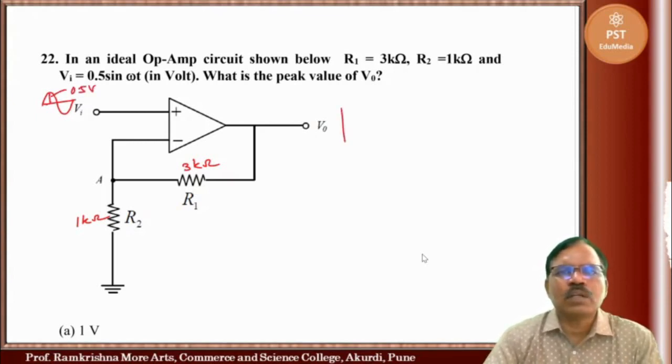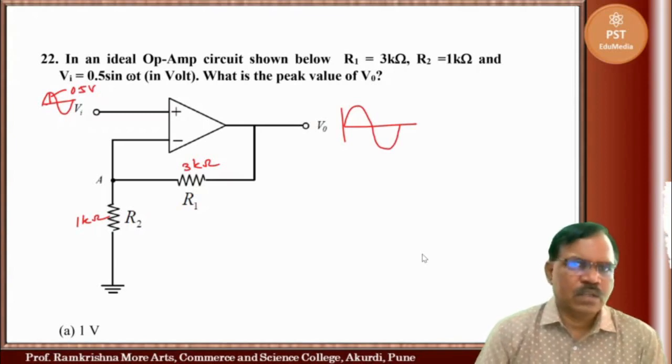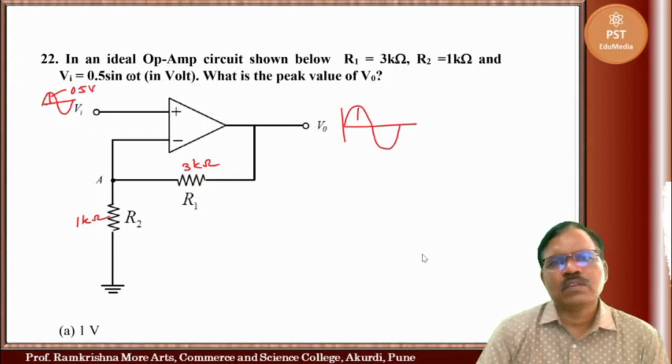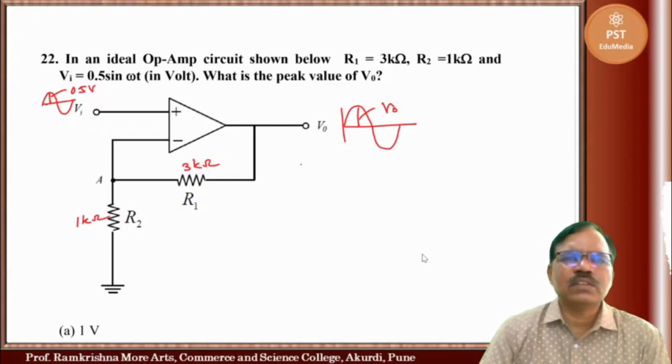So at the output also we get an amplified signal with the same frequency. So the peak value of V0? Now see here, this is a non-inverting amplifier.